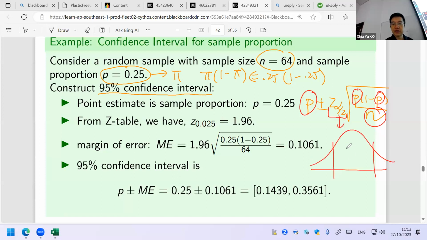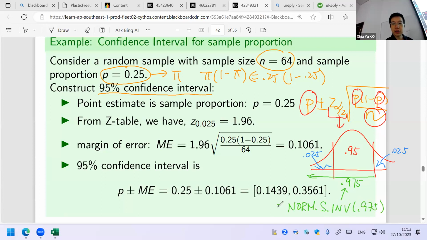Just to remind you how to do this: we want this to be 95%. That means both tails together are 0.05, so each is 0.025, or up to here is 0.975. Excel will be very simple: standard normal inverse of 0.975.